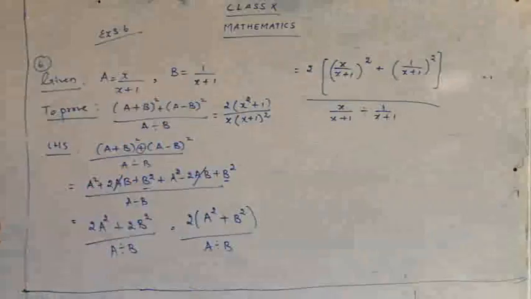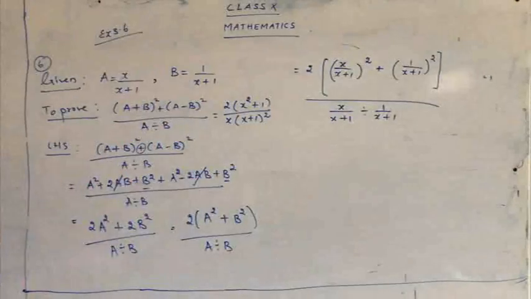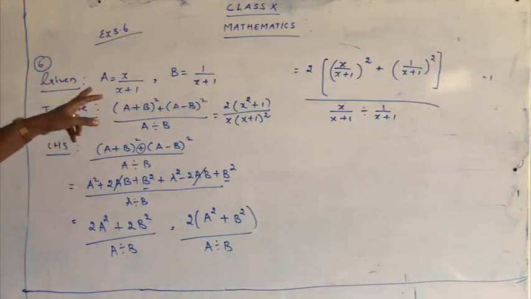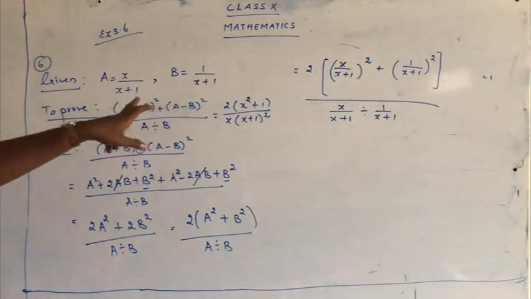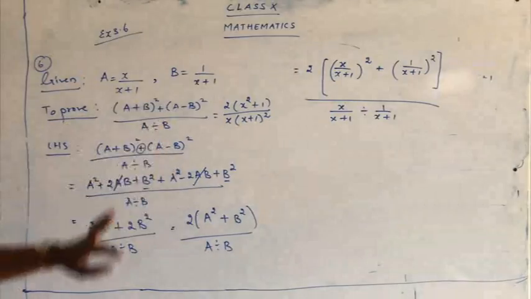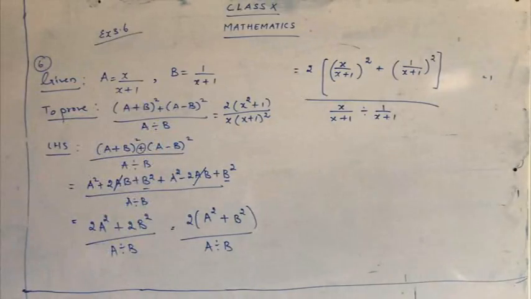So be careful when you are inserting the values. If you make a mistake, everything goes wrong. So do the steps very, very carefully. So it's 2 into [a square is x upon x plus 1 the whole square plus 1 upon x plus 1 the whole square] upon x plus 1 divided by 1 upon x plus 1. Do the steps one below the other with proper spaces. Do present your sums very carefully, very neatly.